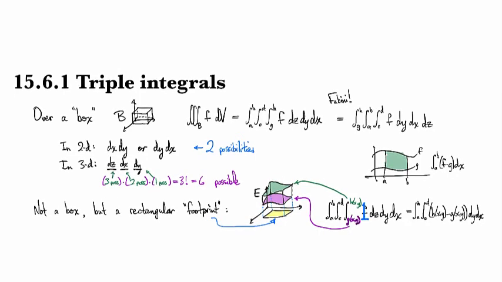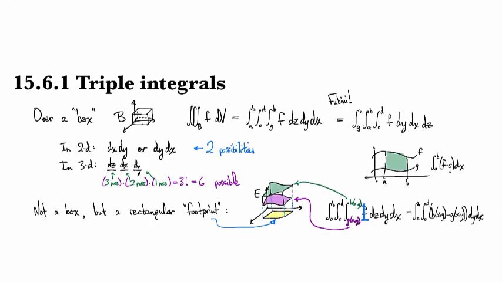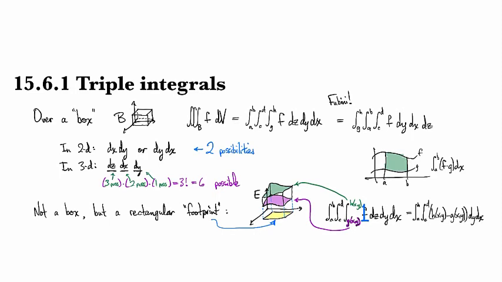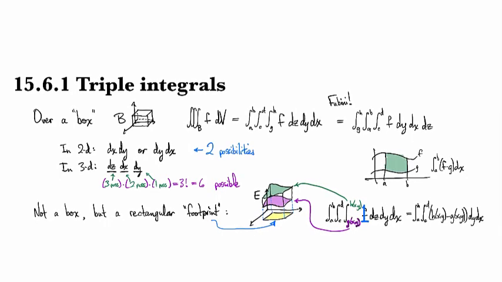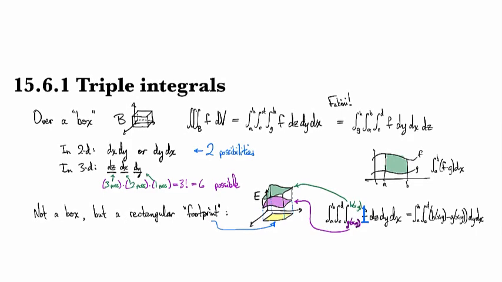Okay, so the same kind of thing is happening here. And so now you can see there's some utility in working out what's going on with a three-dimensional integral where the upper and lower boundaries are given by functions, or where the left and right boundaries or the front and back boundaries are given by functions.